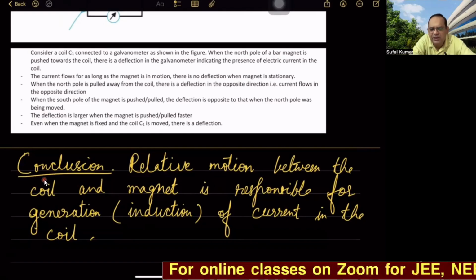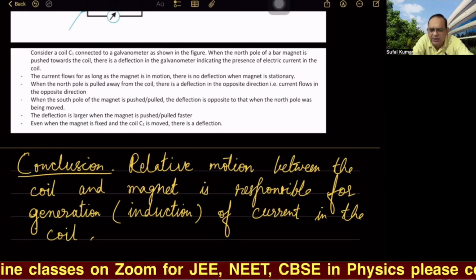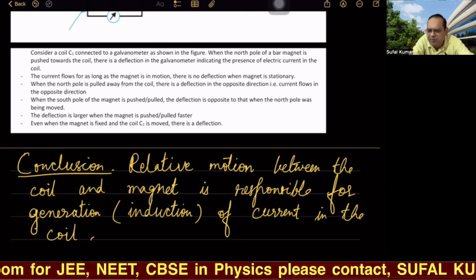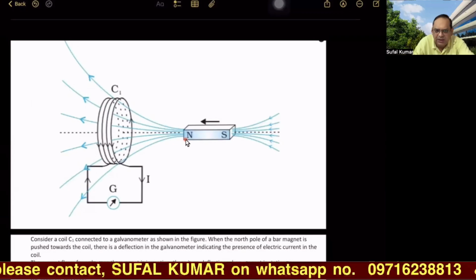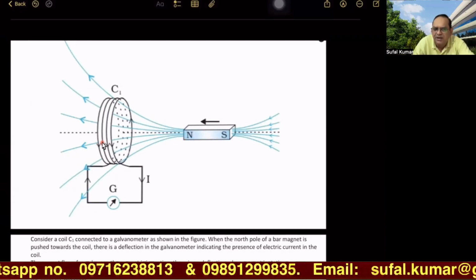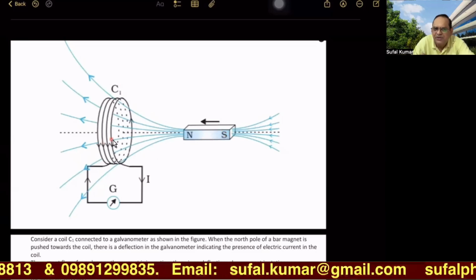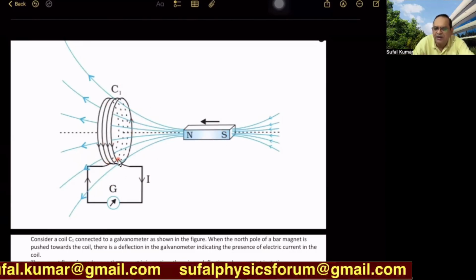From these words, we can conclude more that there is some relative relation between this magnet and the coil where induced current is generated. Because of this relative movement only, induced current is generated.